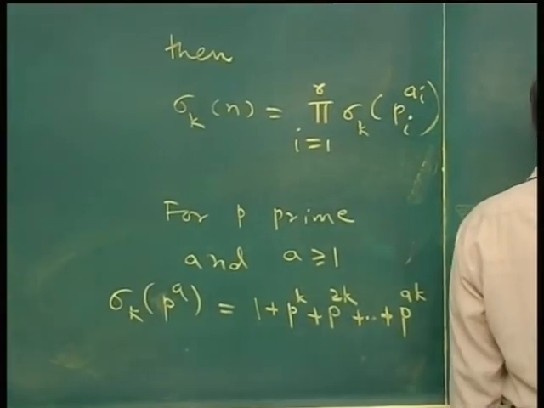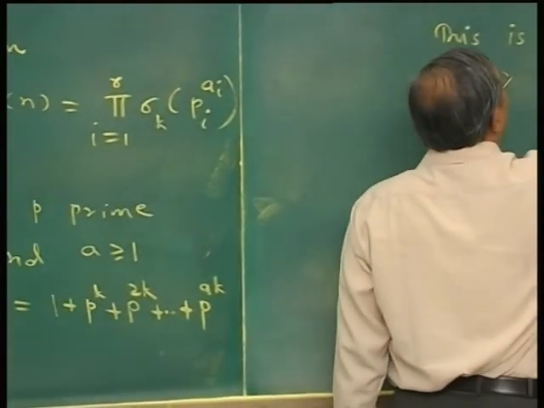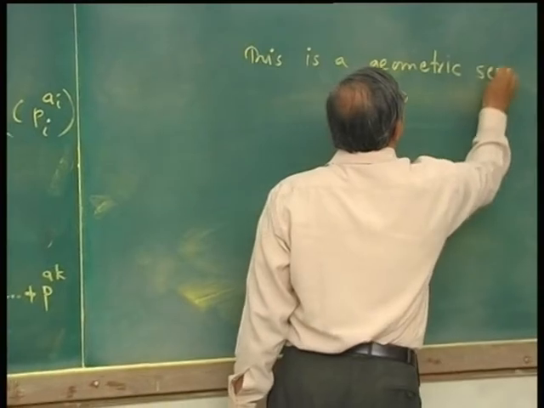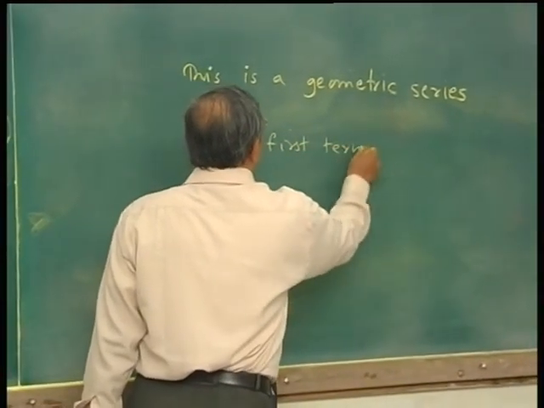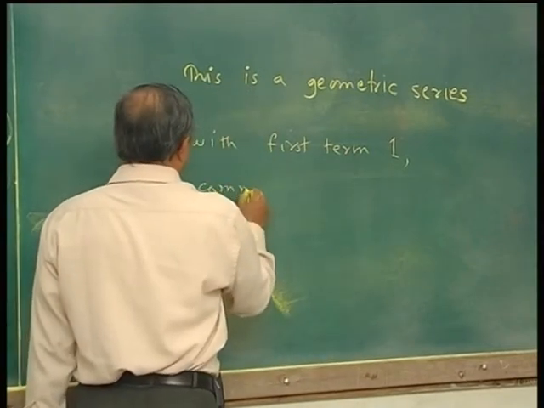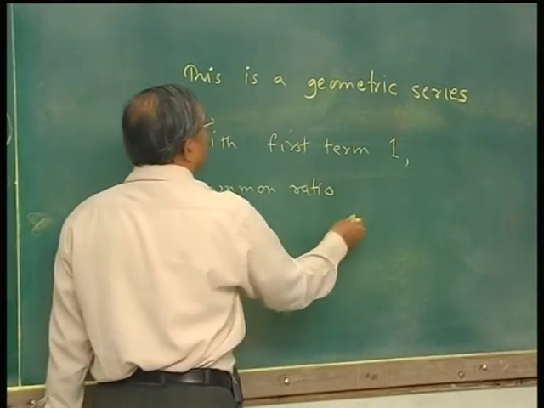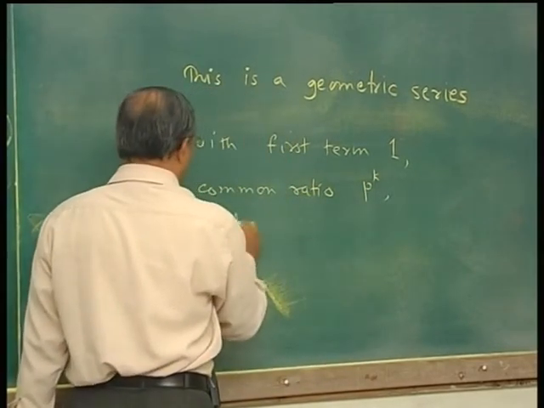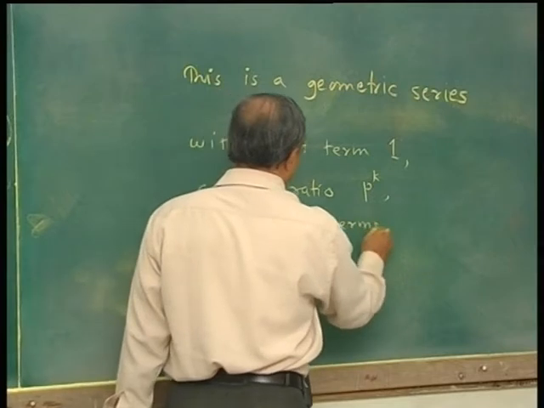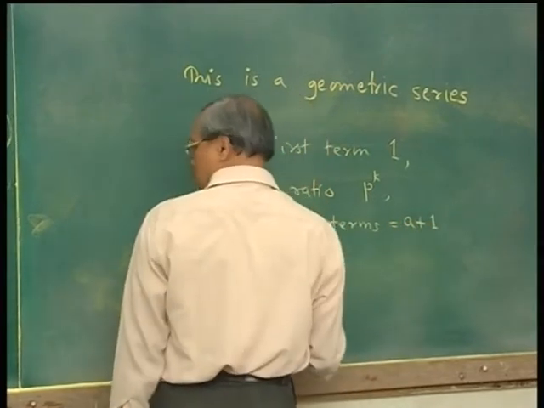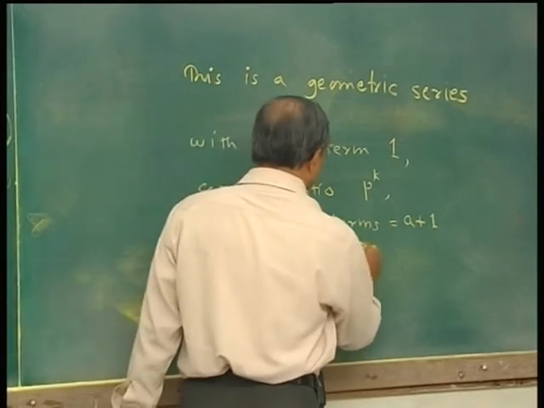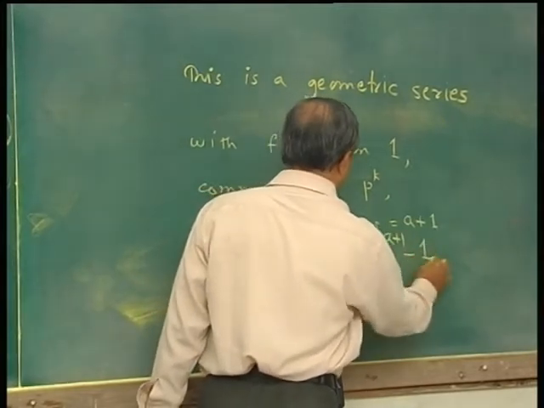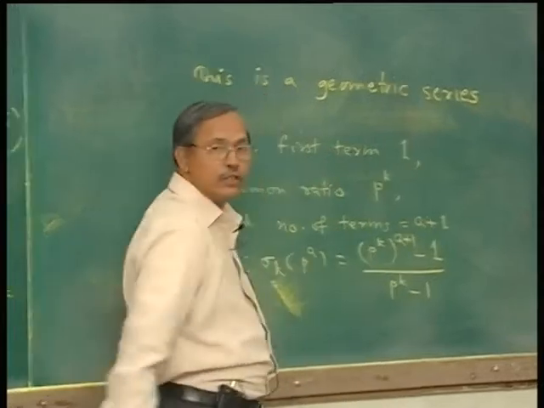So geometric series with first term 1, common ratio p raised to k, and number of terms equal to a plus 1, and therefore sigma k of p raised to a will be equal to (p raised to k) raised to a plus 1 minus 1 upon p raised to k minus 1.